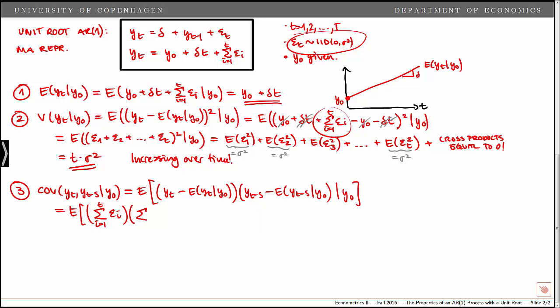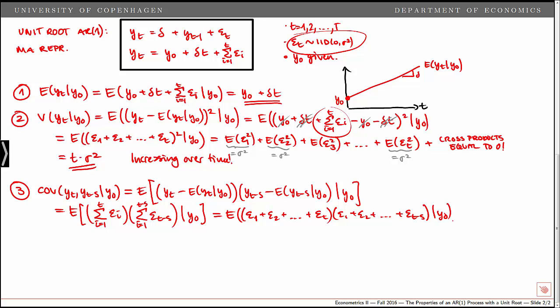So here we get the stochastic trend from i = 1 to t minus s of epsilon i, conditional on y0. First we have epsilon 1, epsilon 2, all the way up to epsilon t, and in the second sum we have epsilon 1, epsilon 2, all the way up to epsilon t minus s, conditional on y0 like this.